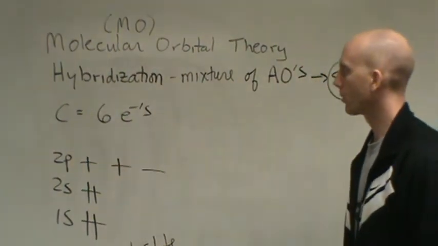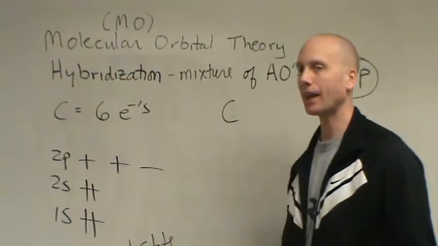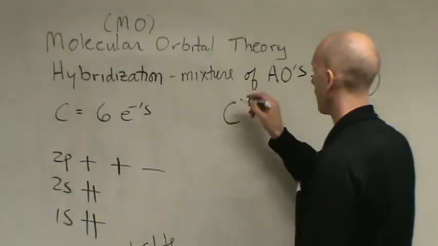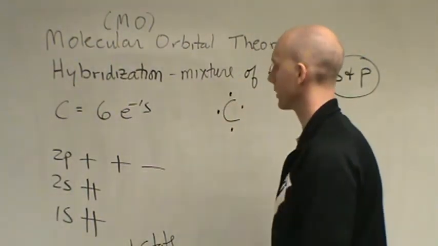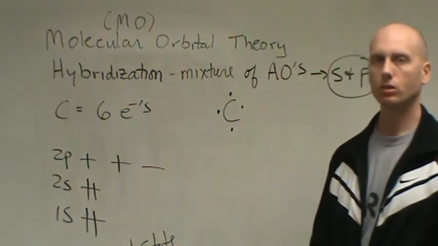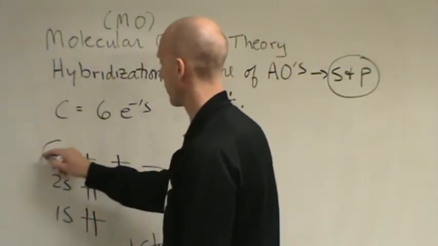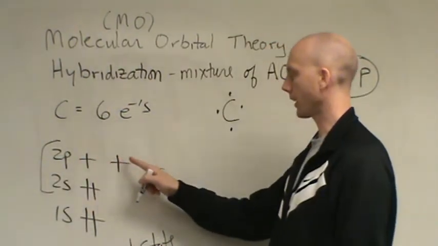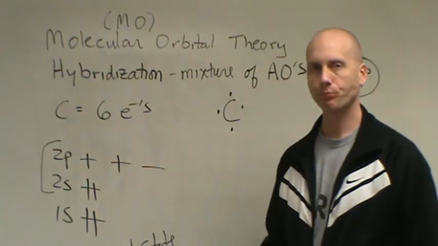But if you remember when we drew carbon's Lewis dot symbol, it had 4 single valence electrons. If you look at the setup for carbon here, here are the valence electrons again, and here are the 4, but note that 2 of them are paired.